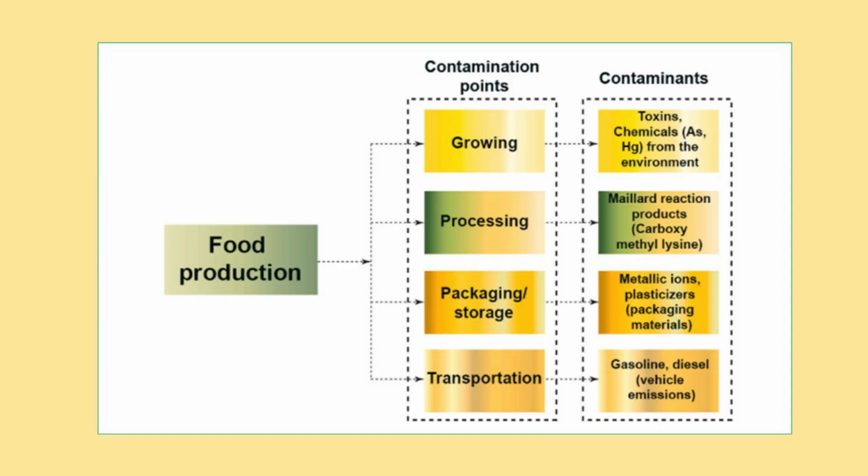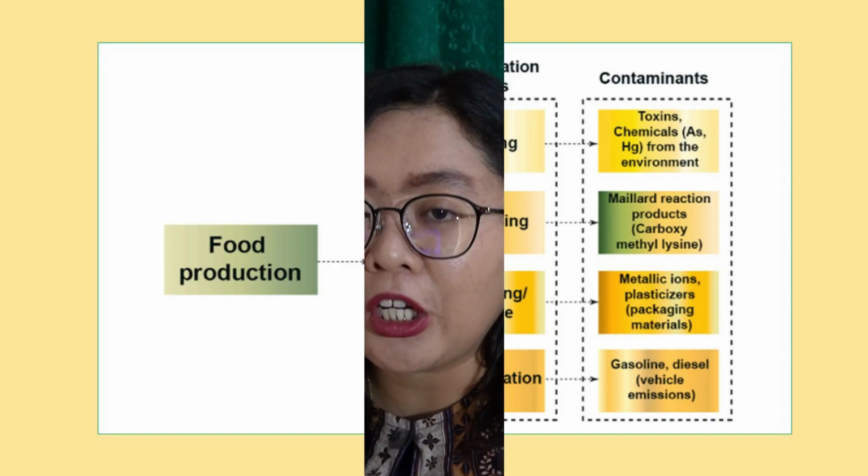That's why we are really concerned about each step of food contamination. That's why we will discuss this in HACCP, the Hazard Analysis Critical Control Point, because we have to be very concerned about each step of the process in making food products.